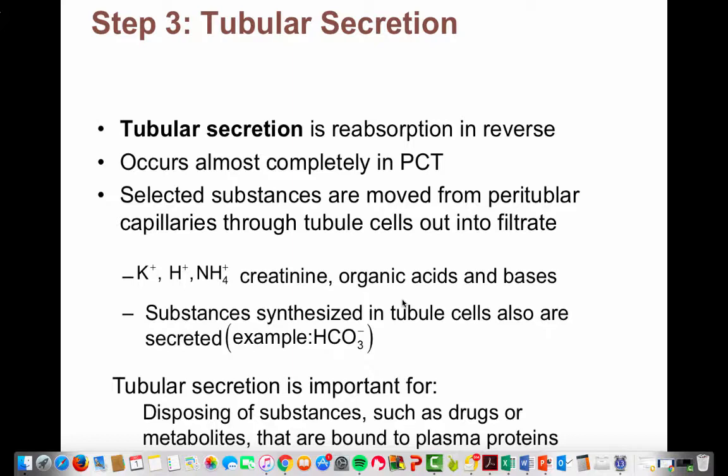It's selected substances that move from the peritubular capillaries through the tubule cells into the filtrate. So things like potassium or hydrogen ions or ammonia, creatinine, organic acids and bases, and substances that are synthesized in the tubules, such as bicarbonates. This is important for disposing of substances such as drugs and metabolites. And I hit on some of those areas when we were looking earlier.